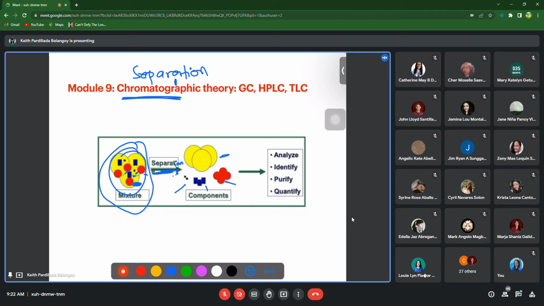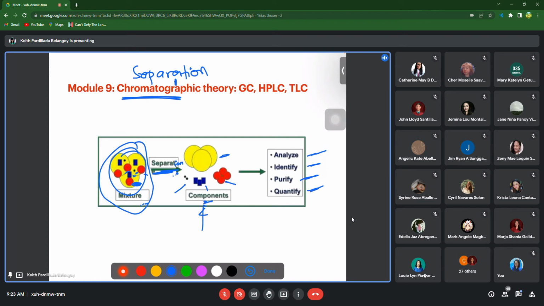Okay? So, si chromatography, separation na lang siya. Mao siya ang mo-tell nga, ay upat ka components present ani nga mixture. Okay? However, chromatography will not be able to analyze for you, identify for you, or purify or quantify for you. Ang chromatography, igo ra siya mo-determine nga unsa ang components present.